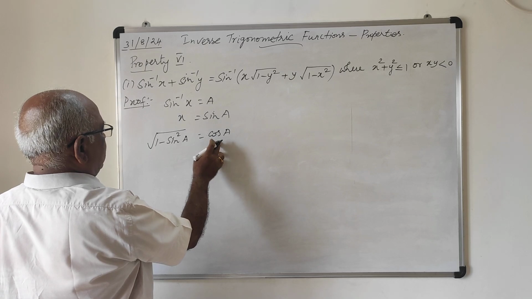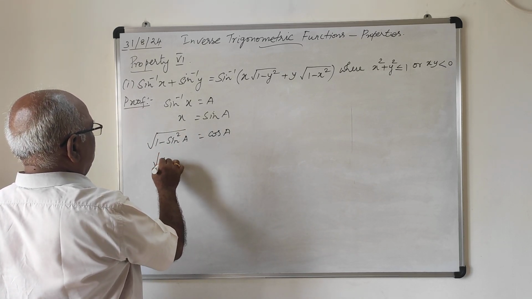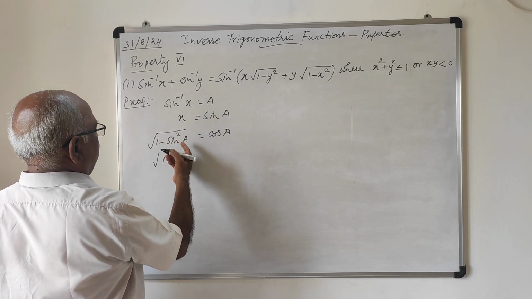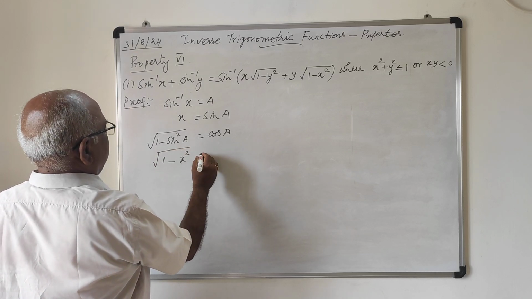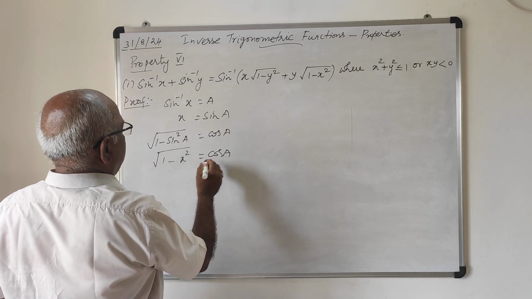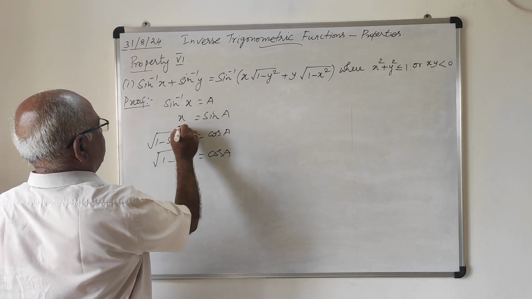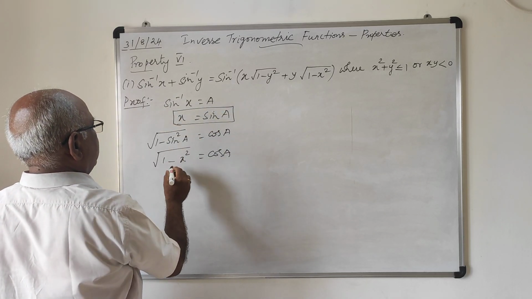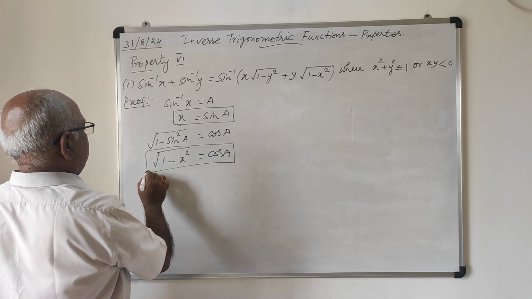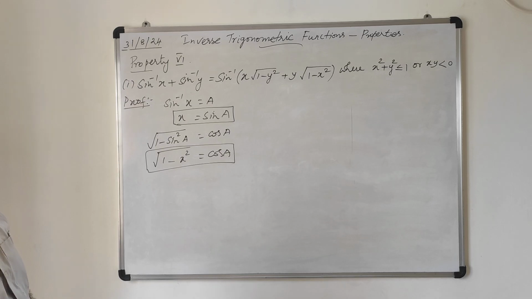From this, cos A is root of 1 minus x square. This is sin A and this is cos A. Cos A is root of 1 minus x square.